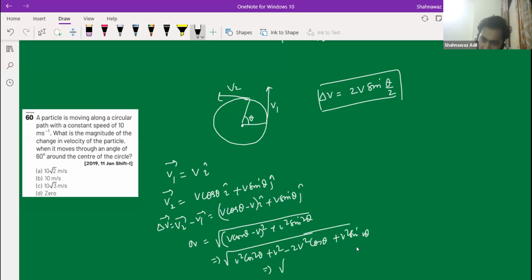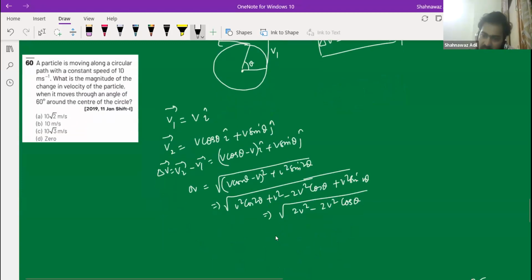So we have 2V square minus 2V square cos theta. So what we can write? V is common, root 2 is taken outside, and then this is 1 minus cos theta.